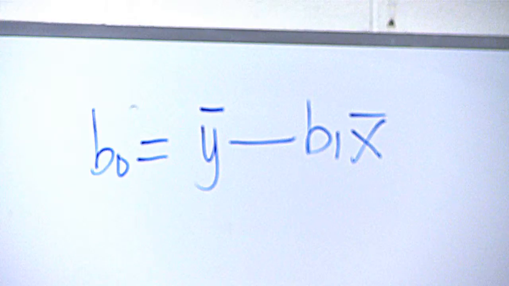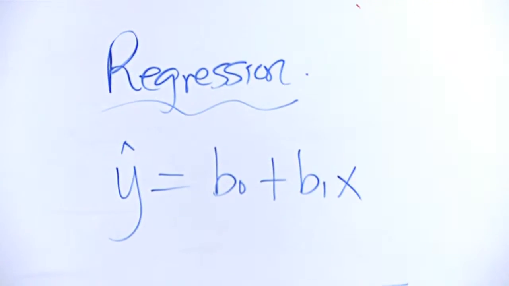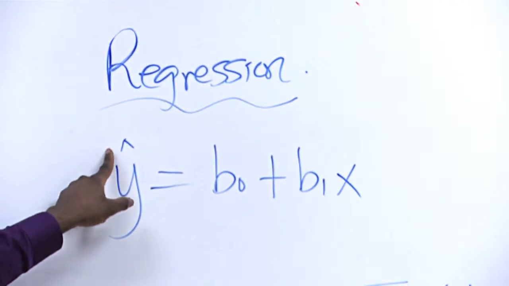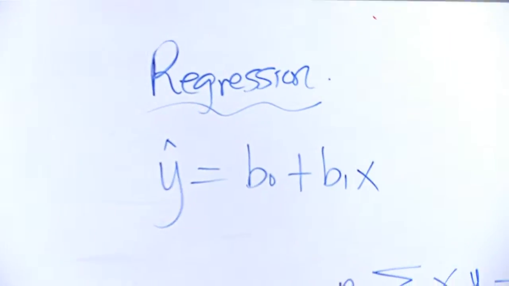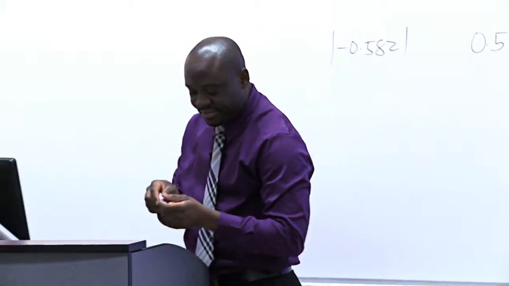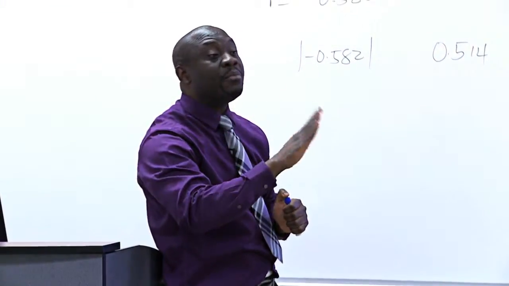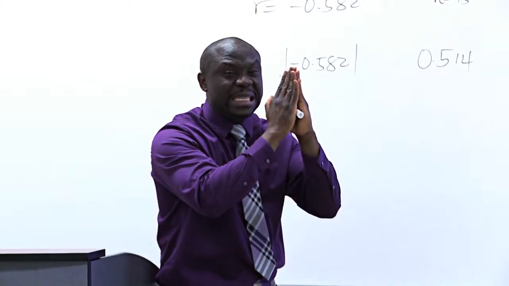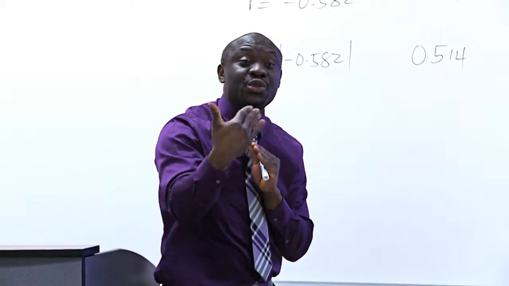Now let me explain this beautiful thing over here. Basically what this means is, I'm hoping that my prediction will be right. That's it, because your prediction can be wrong. So when you see that little tiny thing on top, it means that your prediction can be way off, but you are hoping it will be right. That's why sometimes they will tell you it's going to snow and it doesn't snow.